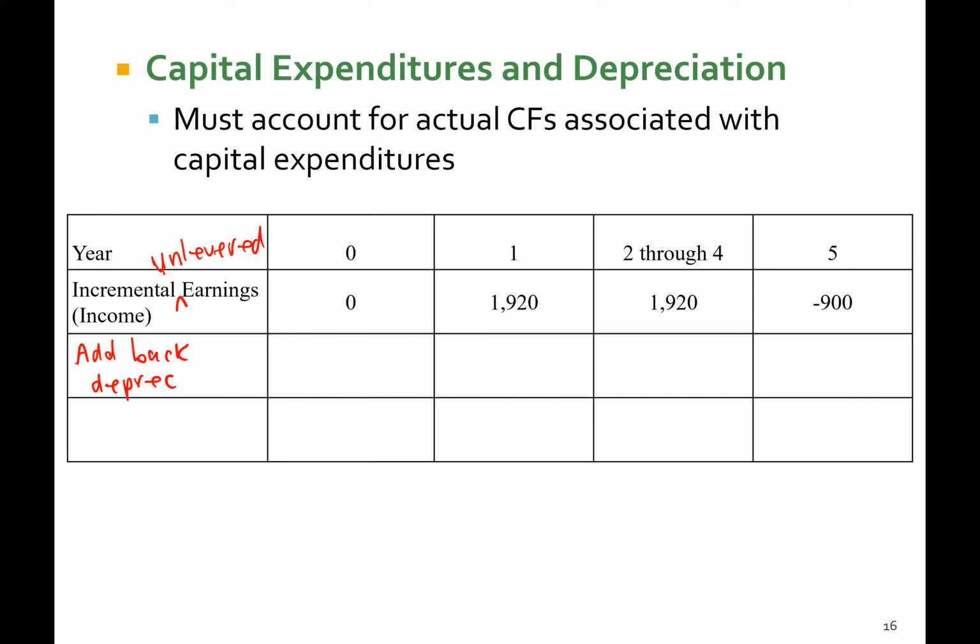So what we'll do is we'll take the depreciation and amortization expenses that were listed in the previous exercise. So there was a $0 depreciation expense. Then we had straight line depreciation, which gave us $1,500 in depreciation for all of years 1 through 5.